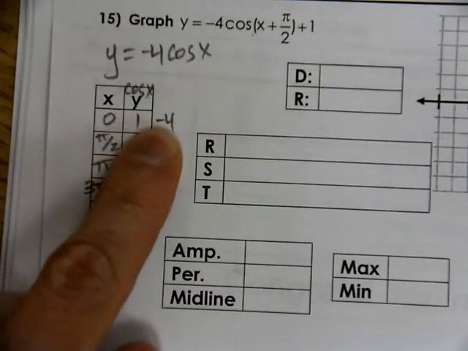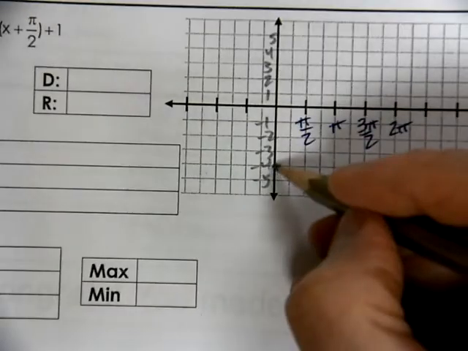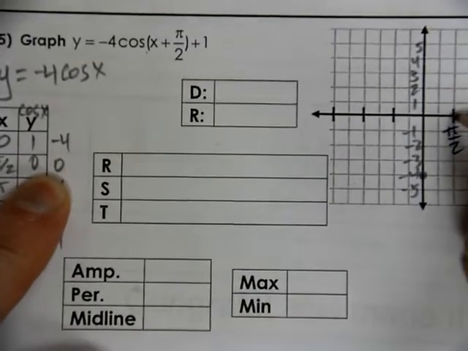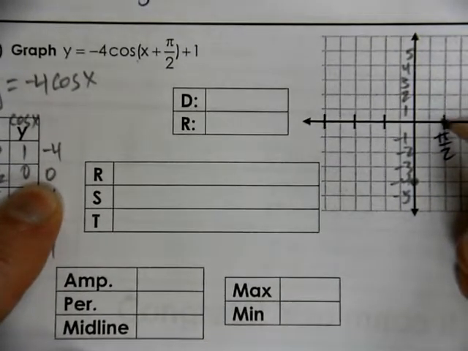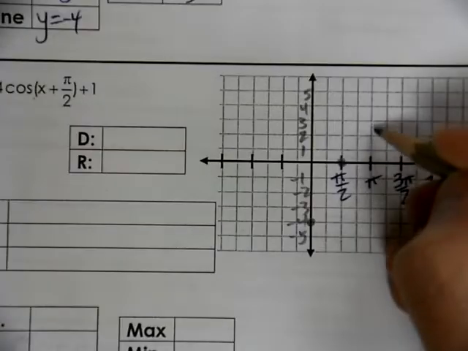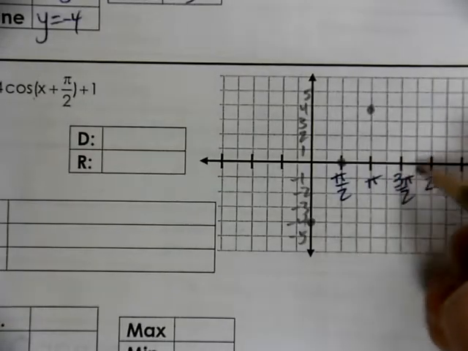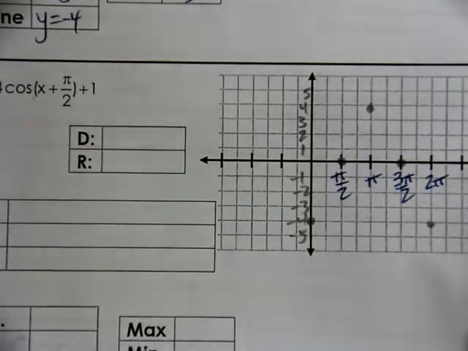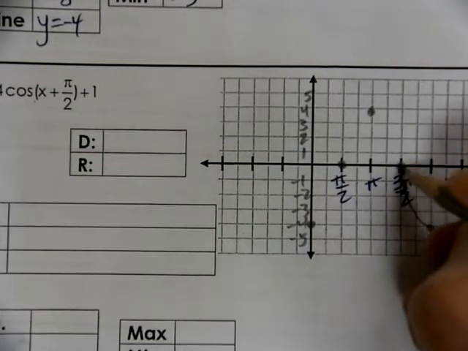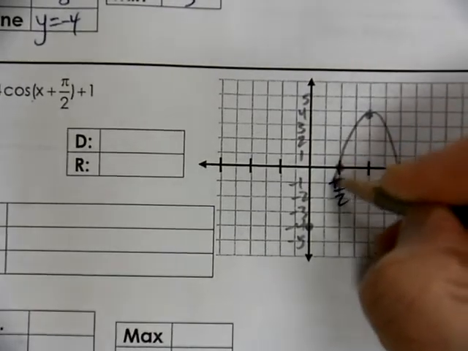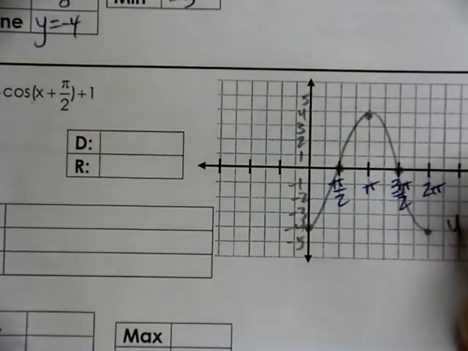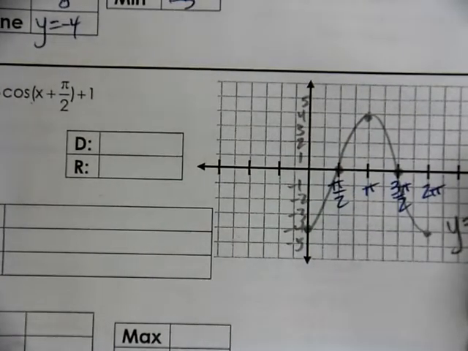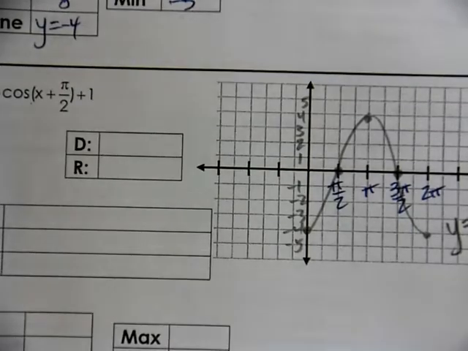I'm just using my table here. So I'm going to start at negative 4, and then I go to 0, and then I go to 4, and back to 0, and back to negative 4. So that's y equals negative 4 cosine of x.